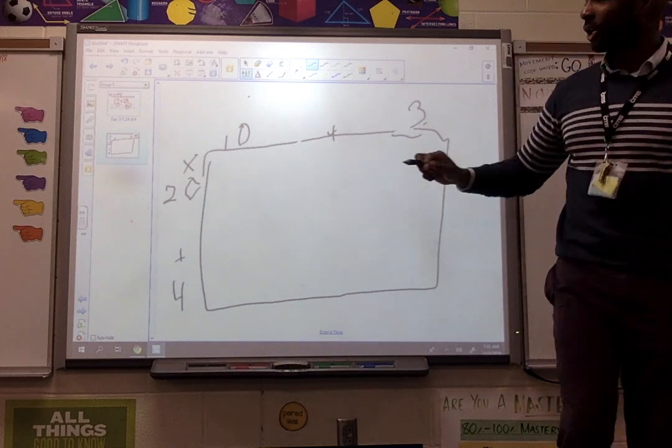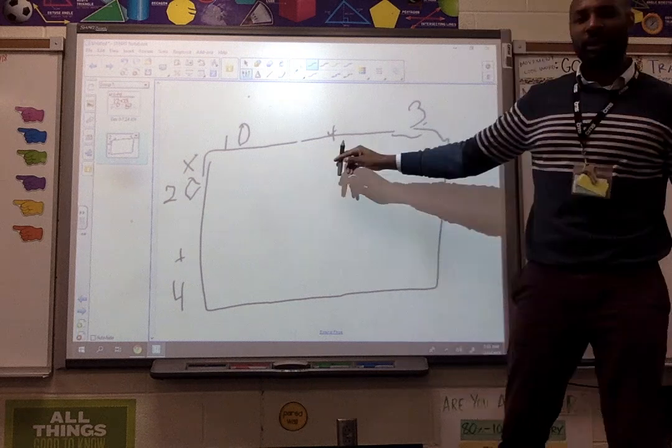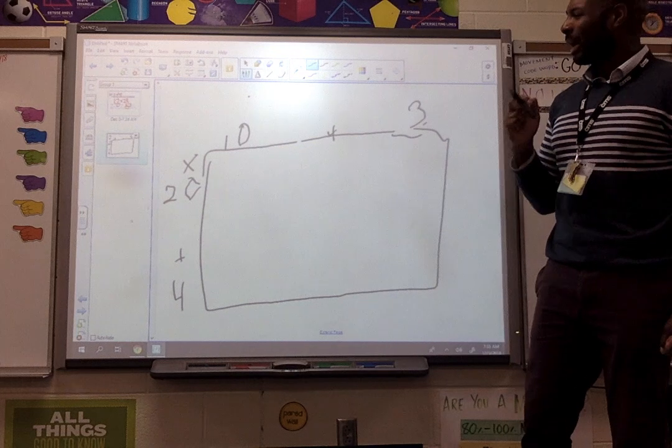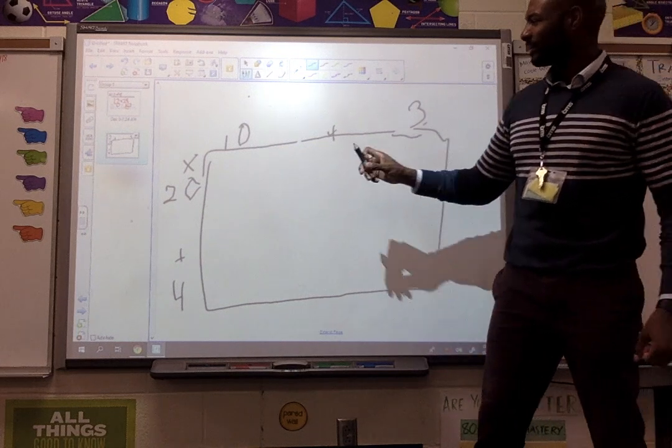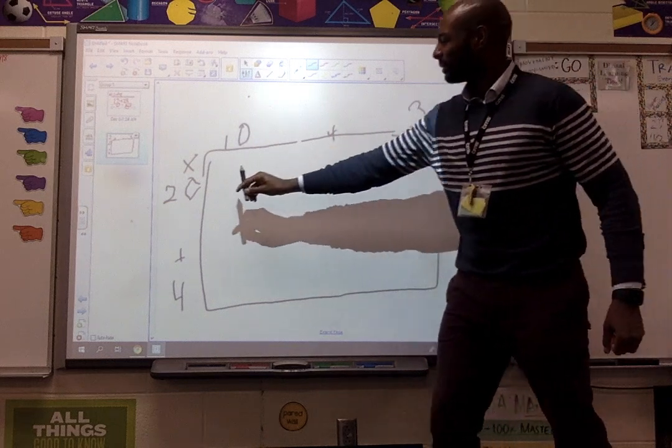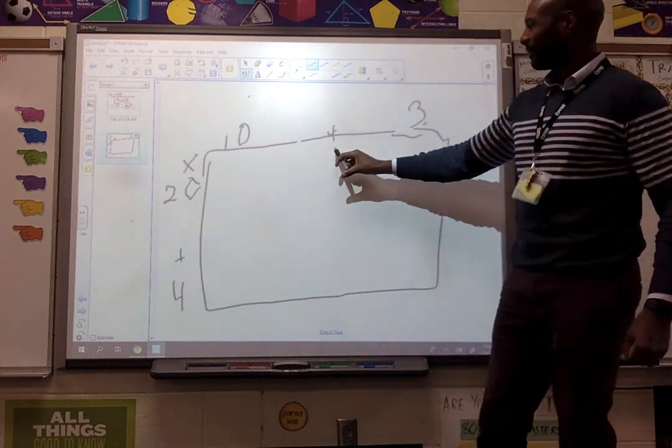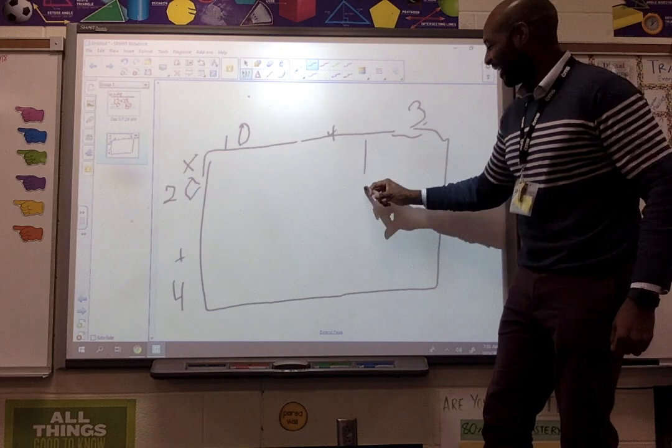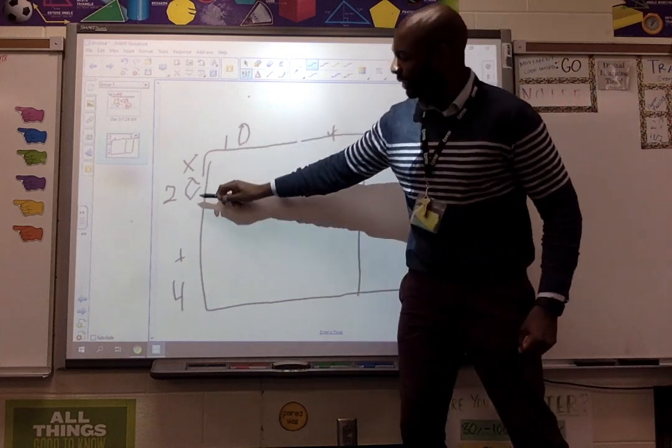If you're a real top-notch scholar, you probably already started to partition off this rectangle. So I want you guys to tell me where I'm going to stop. We've got 10 and 3. And what about 20 and 4?